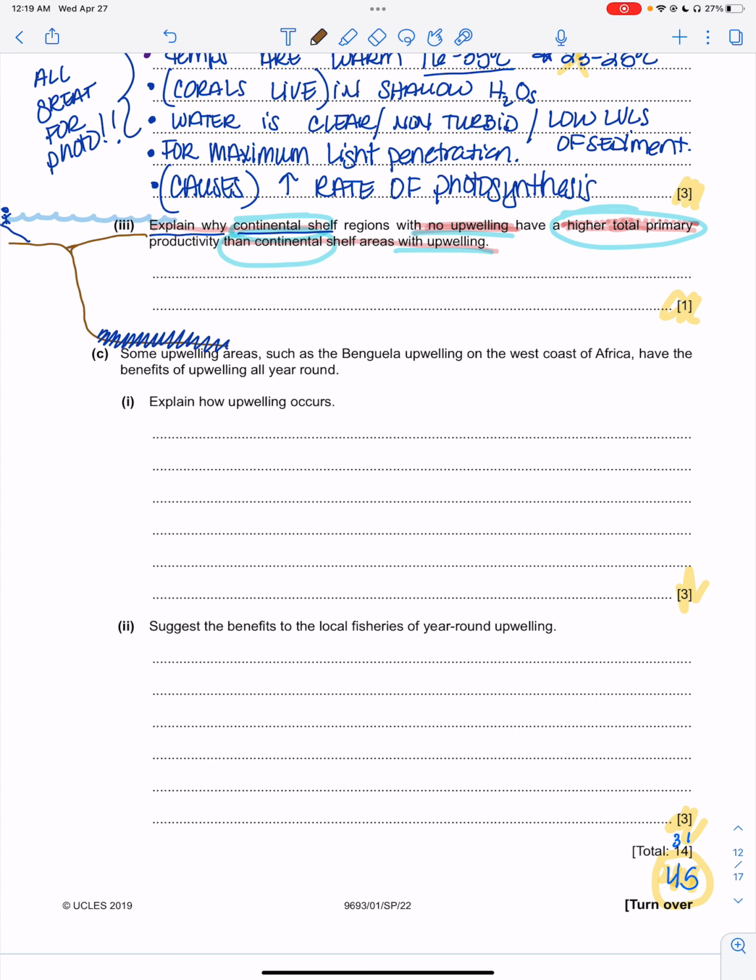So it's on the edge of all of those basins. Okay, and it would be right there. Here's the shelf.